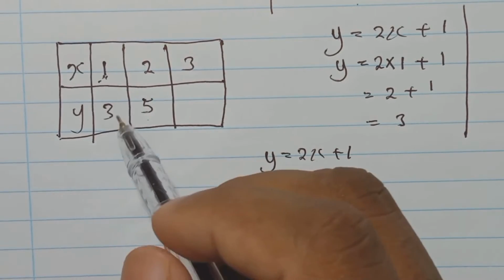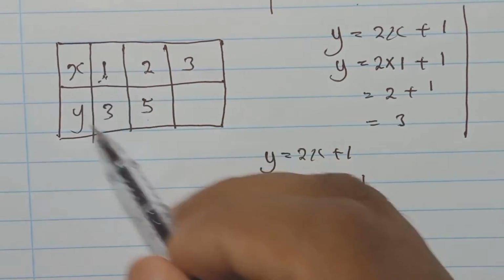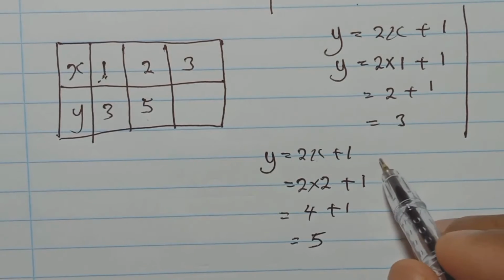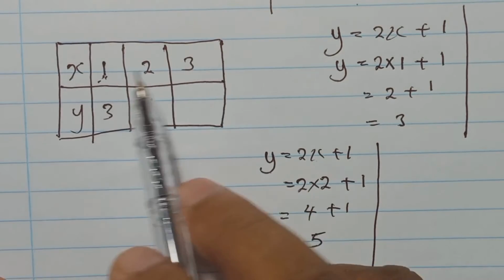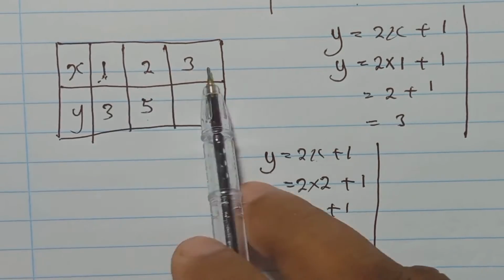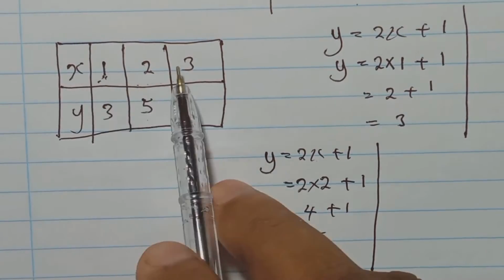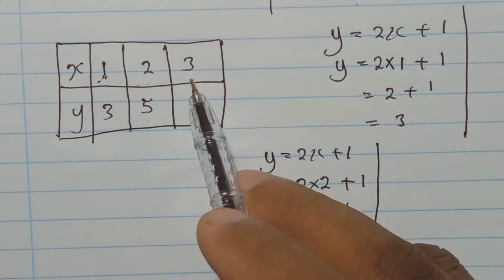Actually, when you need to draw a linear graph, 2 point coordinates are enough. But if you need to draw it more accurately, you should get 3 points, that means 3 x values with the corresponding y values. So I will get the third one also.